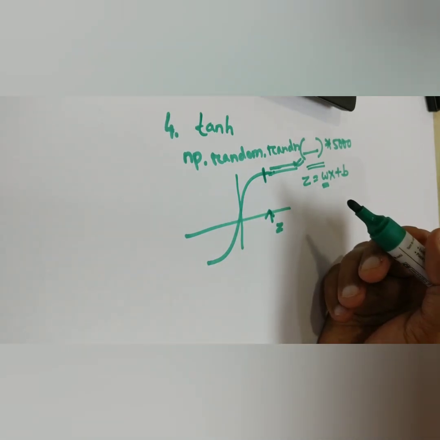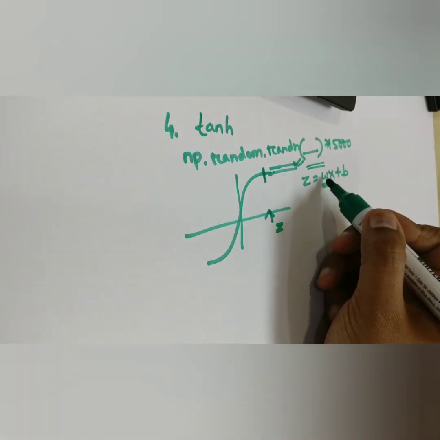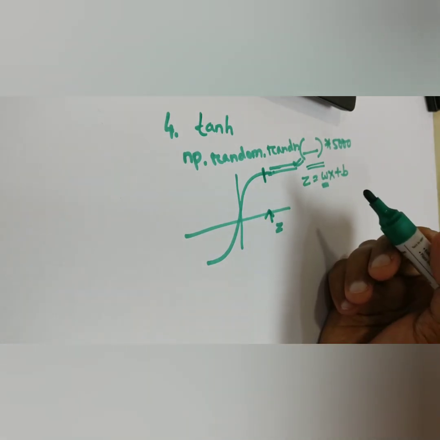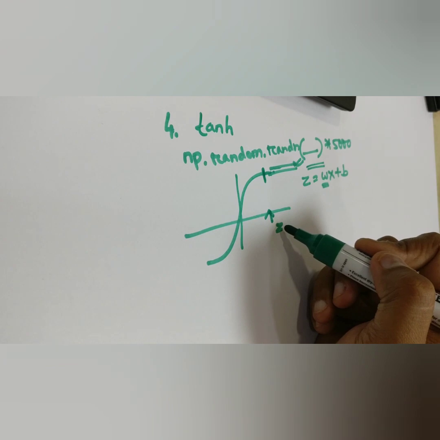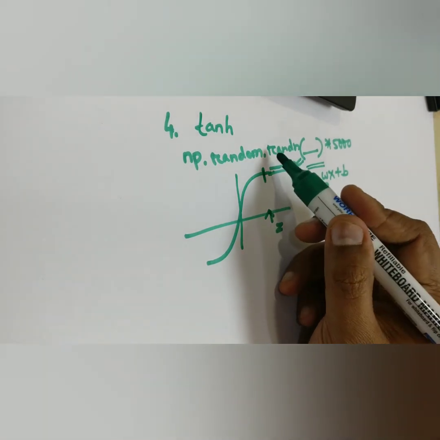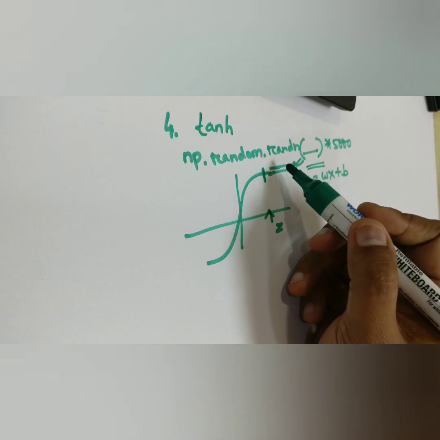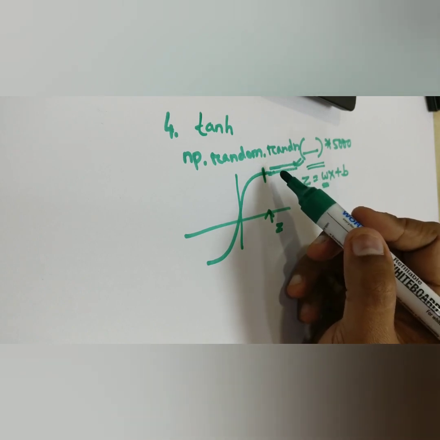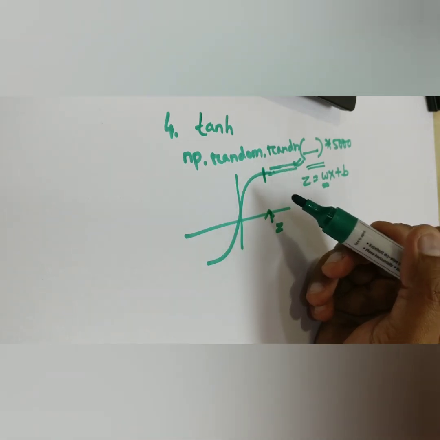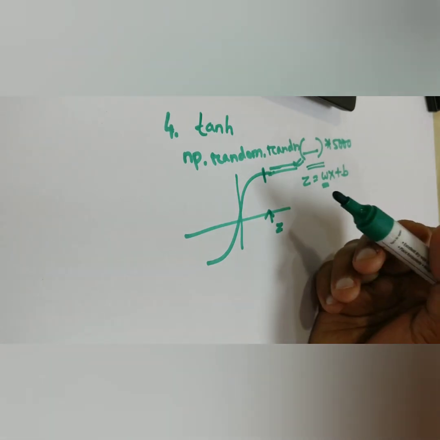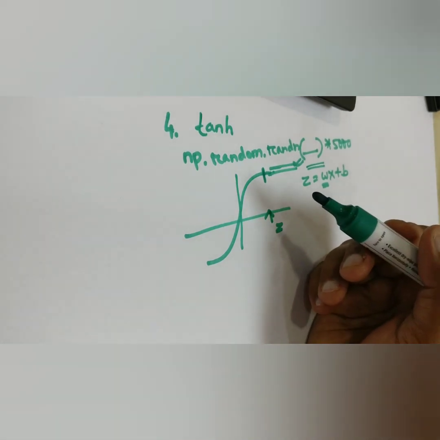You get the point, right? When you initialize the weights with very high values, your z becomes very high. When your z is very high, your tanh function saturates, and as a result gradient descent, which is our optimization algorithm, is going to be very slow.